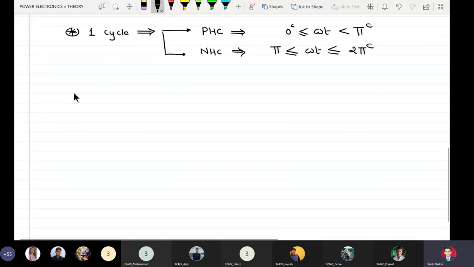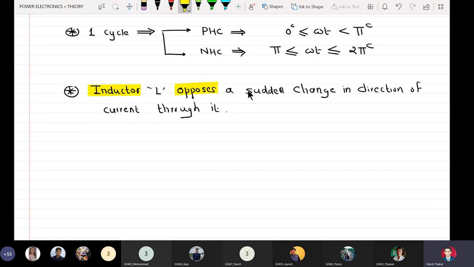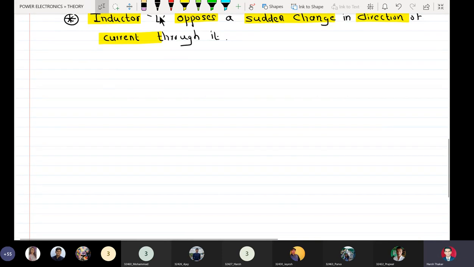So we can make this point here: inductor L opposes a sudden change in the direction of current through it. Okay, so let us take an example.